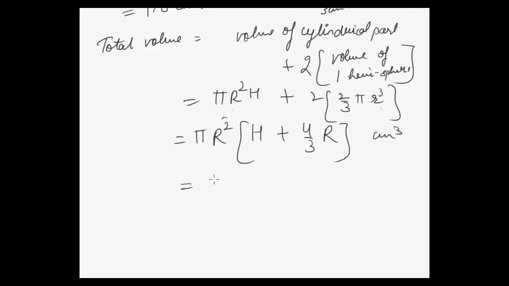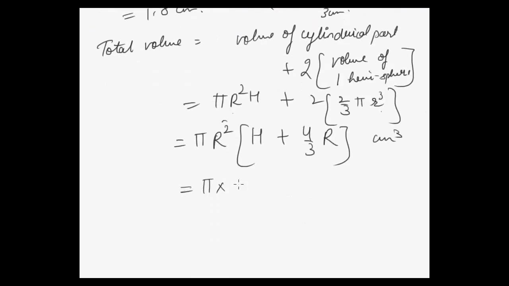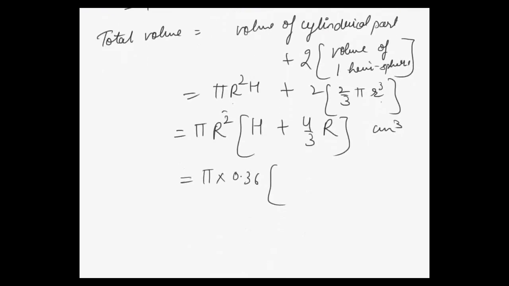Now pi as it is and r is nothing but 0.6. So 0.6 square will be 0.36, and h is the height, which is 1.8, plus 4 by 3 into radii, which is 0.6.